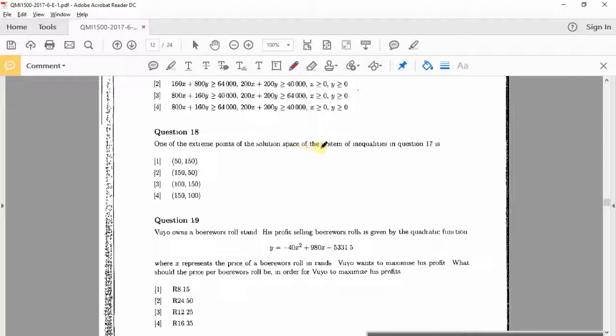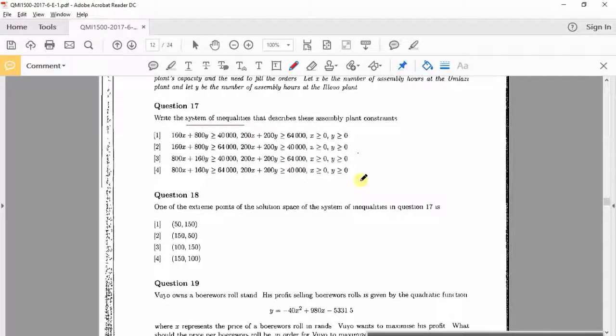Right, one of the extreme points of the solution space of the system of inequalities in question 17 is... Okay, so 17 is looking at this. Now you've got those formulas and you're looking for one of the extreme points. Extreme points would be the points on the system of inequalities.